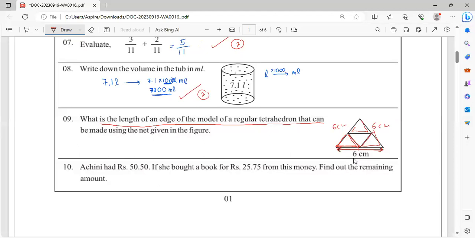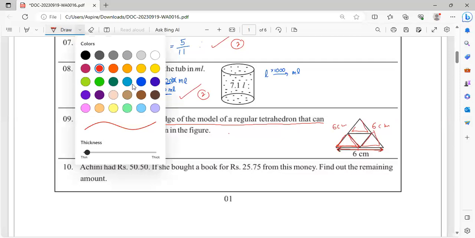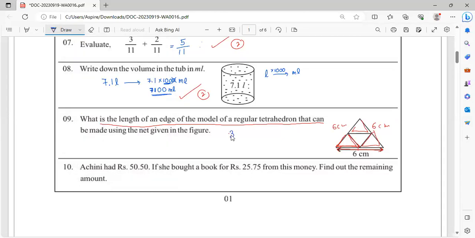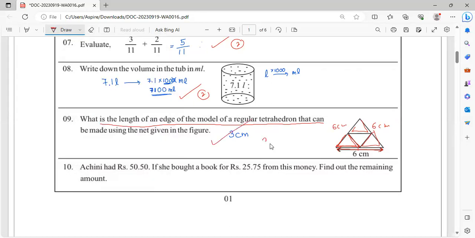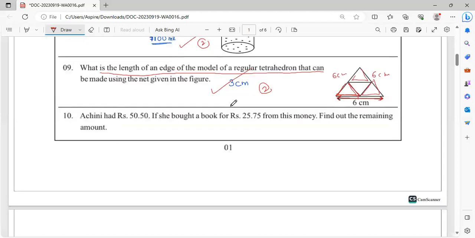When you divide 6 by 2, it is 3. Therefore, the side length of the tetrahedron is 3 centimeters. You may have learned this in the school or may not have. Doesn't matter. If you haven't learned this, after you learn this one, you can check out this question again.